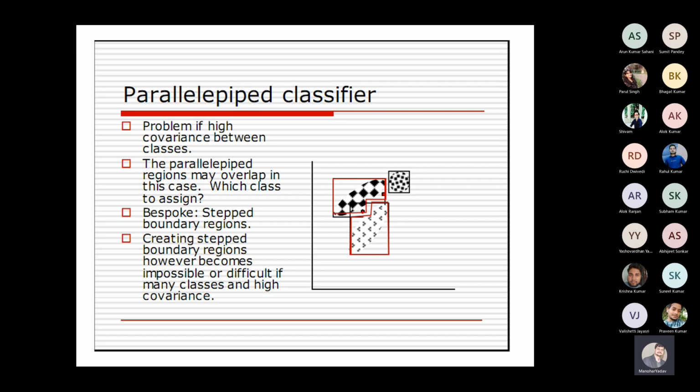So what we'll do, we perform bespoking. Bespoking means we make step boundary regions. After the bespoking, it is no longer a minimum bounding rectangle.